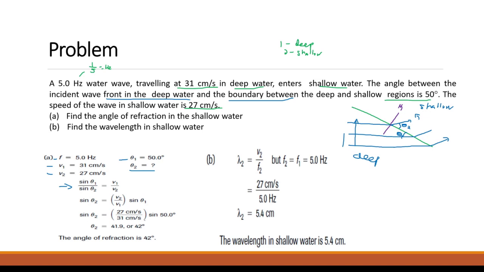Centimeters a second, it's okay here. Plug in our angle that we know, and when we do sine inverse of the result, whatever this is, we are left with theta 2 equals 41.9 or 42 degrees. So our angle of refraction is 42 degrees using Snell's law.